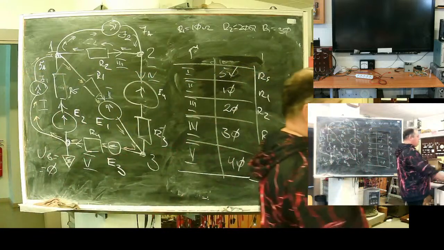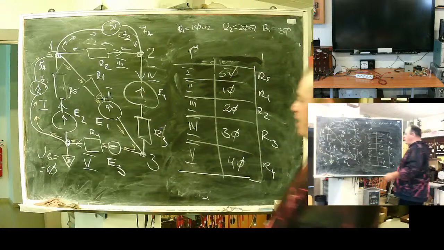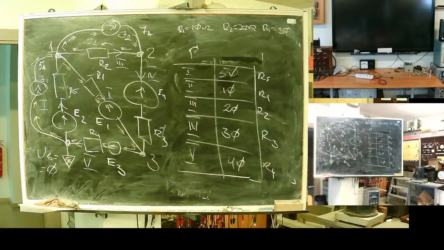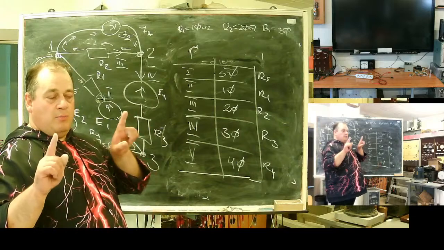It has a structure: the main diagonal holds the branch resistances, and the other elements are mutual. When we speak about AC networks, think of mutual induction, magnetic coupling. Magnetic coupling is represented as mutual resistance.